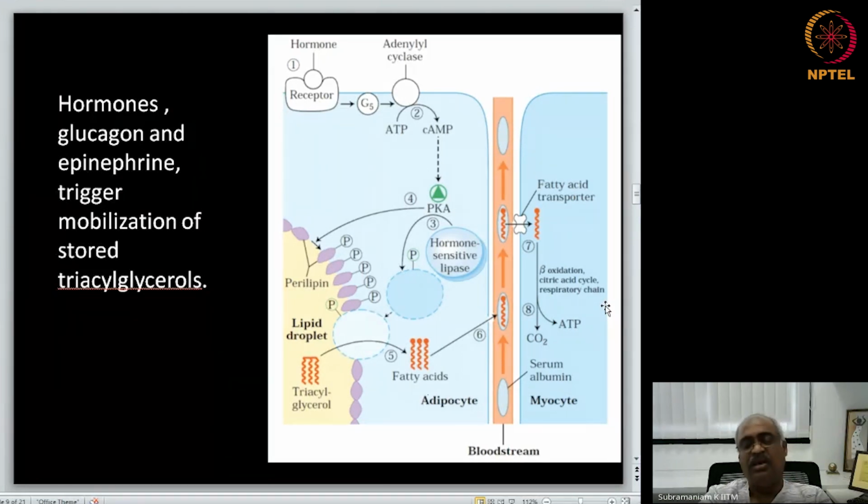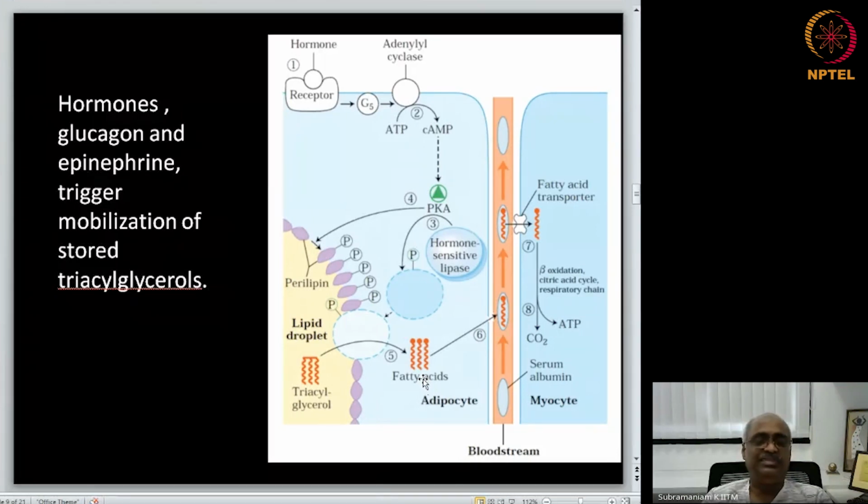These reducing equivalents via the respiratory chain are going to produce ATP and carbon dioxide. So this lipid stored in the adipose tissue becomes carbon dioxide and energy when you have vigorous physical activity, like very fast walking or jogging or other household manual labor. When you do this, this is what happens.